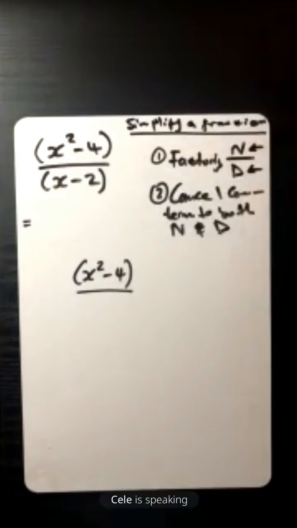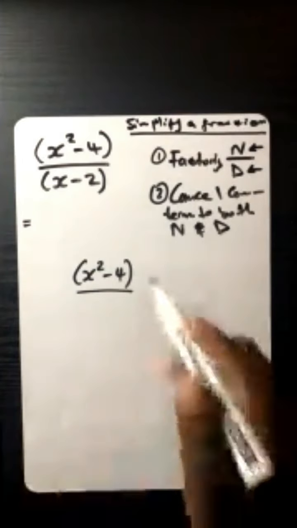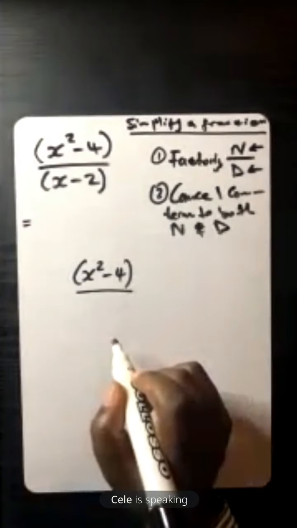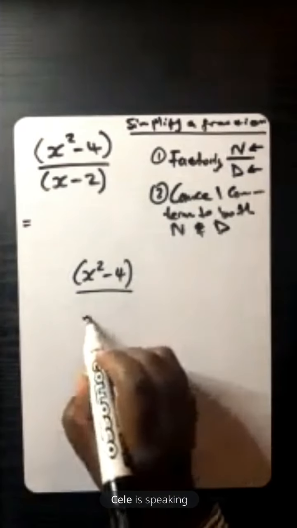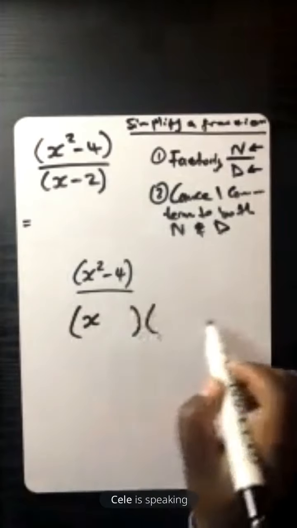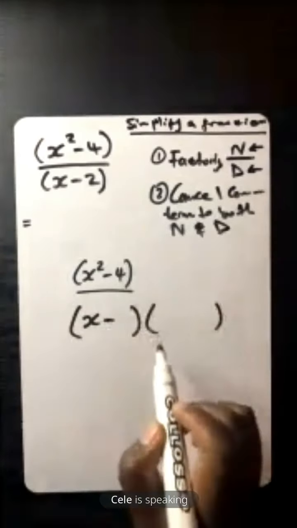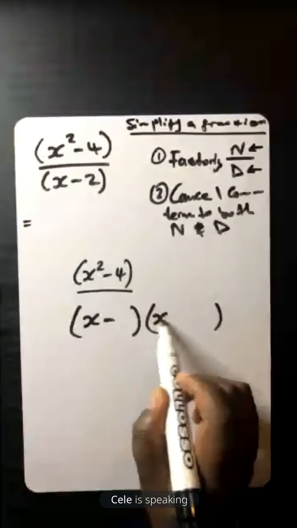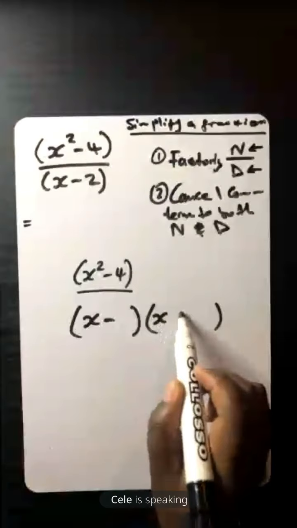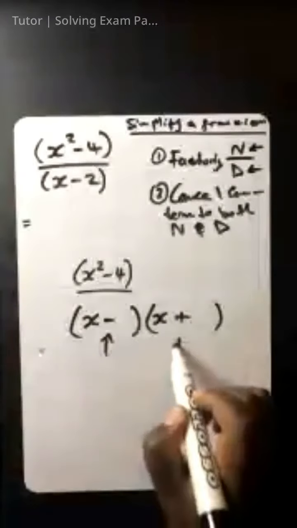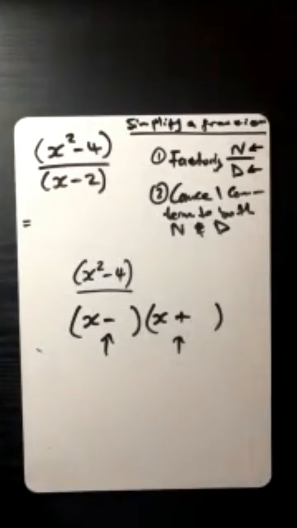So wouldn't you have to break it down first? Okay, give it a try. Let's see. You'll just have to say x in brackets first. Minus. Oh, like that. Yes. Okay. And then on the other side, you'll say x plus, and then you'll put 2 and 2. Then why are you saying a minus and a plus?